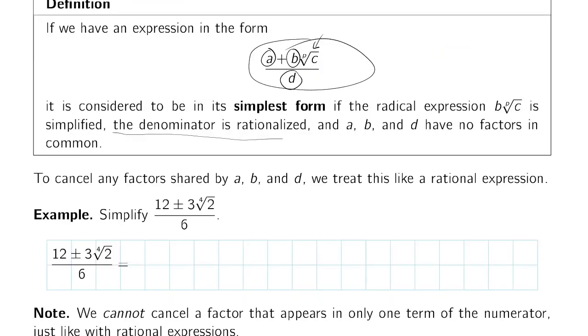So what do we mean by that? Here we notice that 12, 3, and 6 all have the number 3 as a common factor. In the numerator then, I'm going to cancel out a 3, and I'll be left with 4 plus or minus the fourth root of 2.